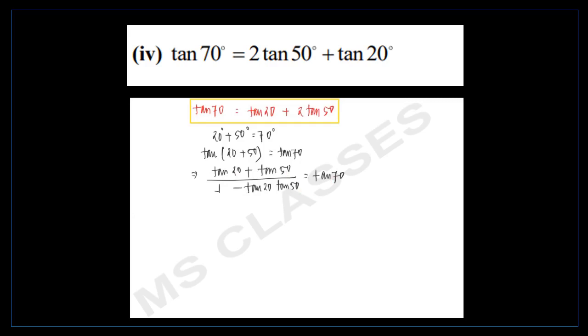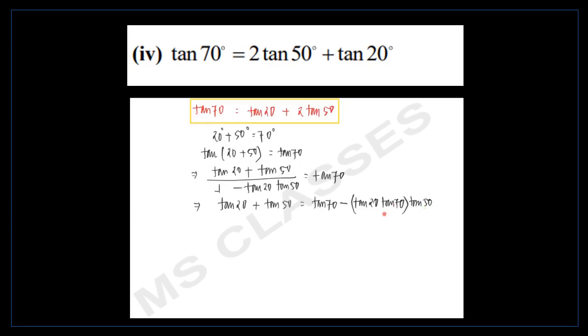Now cross multiply. Now tan 20 plus tan 50 equal to tan 70 minus tan 20 tan 70 tan 50. Now this is what? Tan 20 tan 70 tan 50.